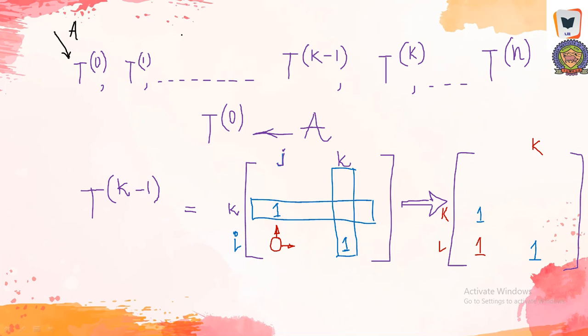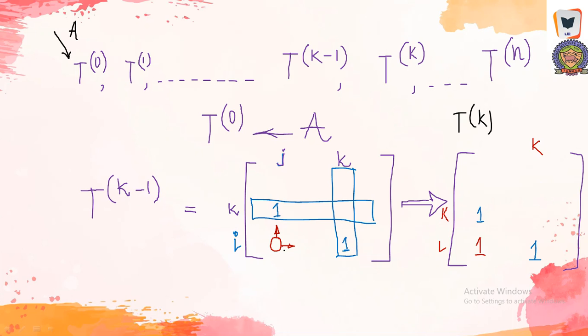So the transitive closure algorithm proposed by Warshall makes n iterations starting from the adjacency matrix. Initially, the starting transitive closure matrix, the 0th, is set to be A. Then the kth transitive closure is built making use of the k minus 1th matrix.